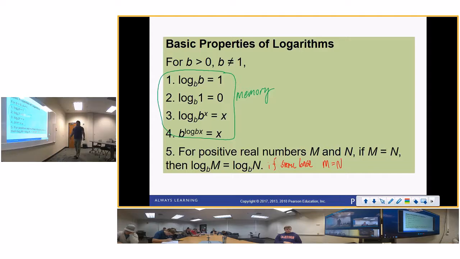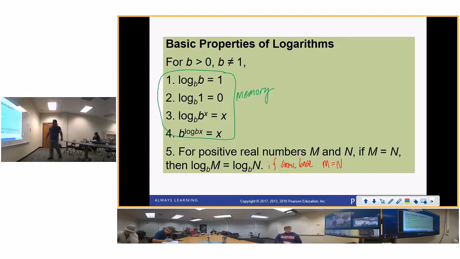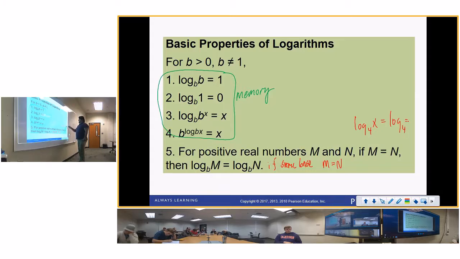That's what that one says. In other words, if you have log base 4 of x is equal to log base 4 of 8, then you can say x is equal to 8.